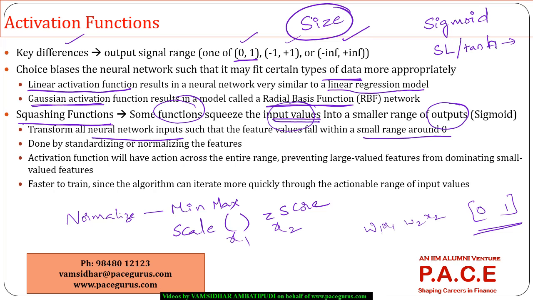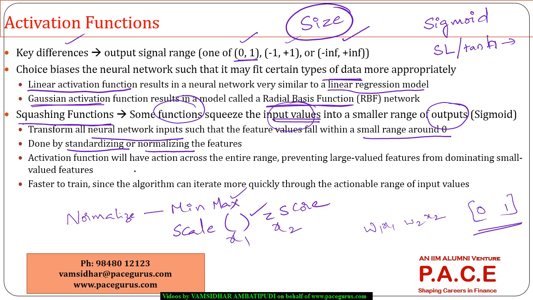This makes sure that the weights are not biased for one kind of variable compared to the other, so we adjust all the variables so that the sizes come around 0 itself, using either min-max normalization or z-score normalization.